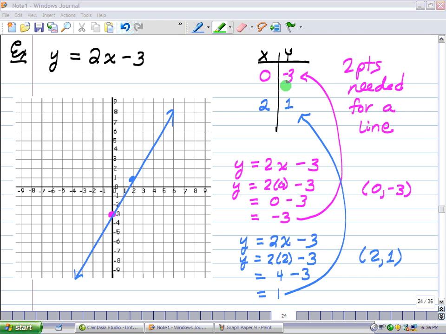Now notice if I had picked another point, say 1 or something, if I had plugged 1 in there, what would I have gotten? Negative 1. Notice this line is going through 1, comma, negative 1. So if you had picked a different point here, you would have still gotten the same line, you just would have gotten a different position on the line.